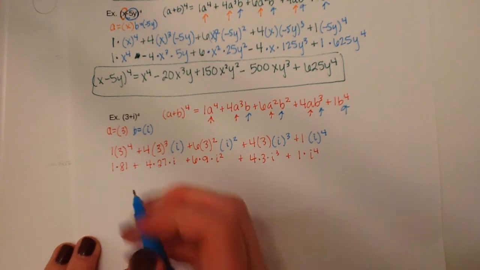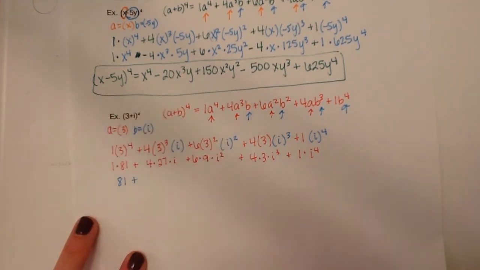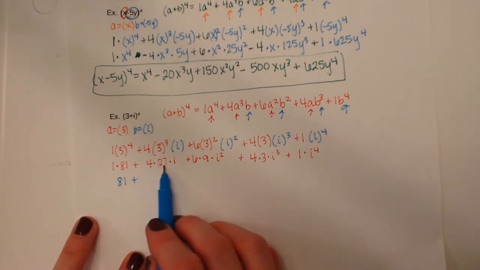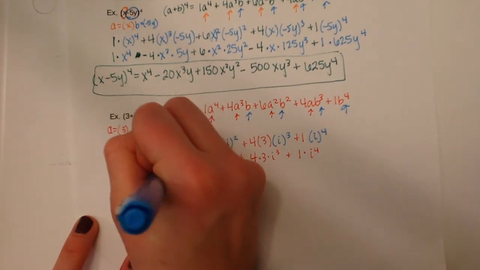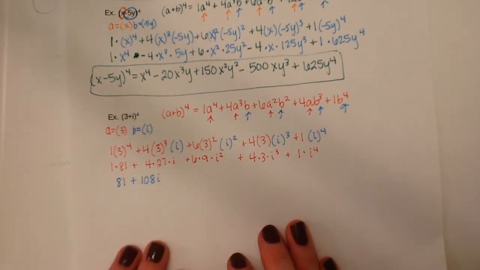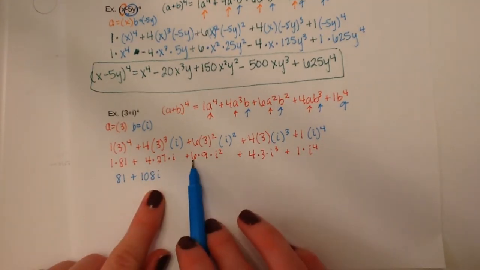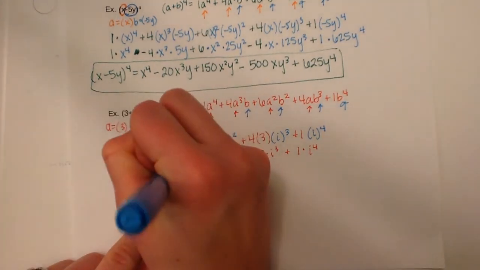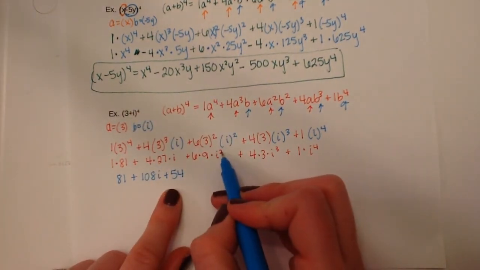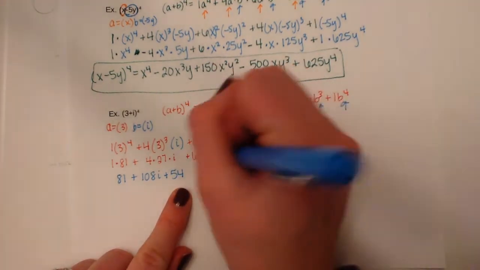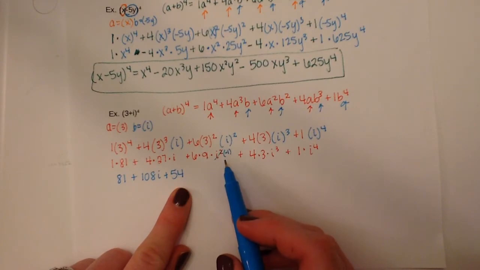Alright, so we have 1 times 81 is 81, plus 4 times 27 is 108 times i, so 108i. Alright, so we can take 6 times 9 is going to be 54 times i squared. Well, i squared is negative 1.